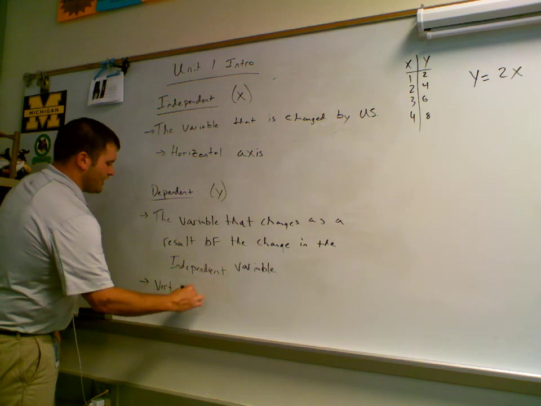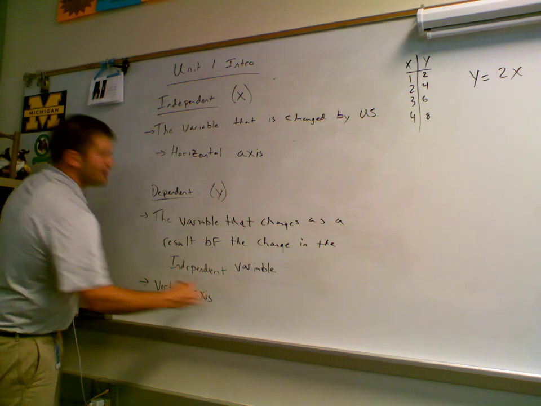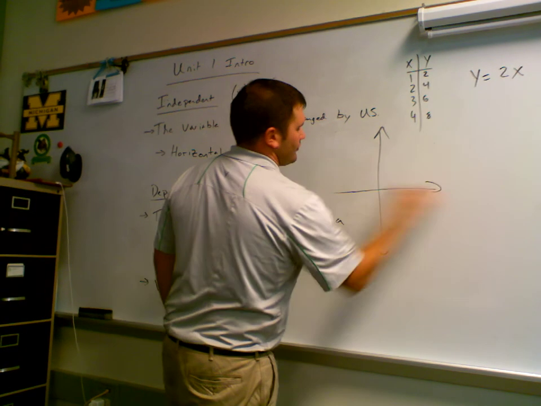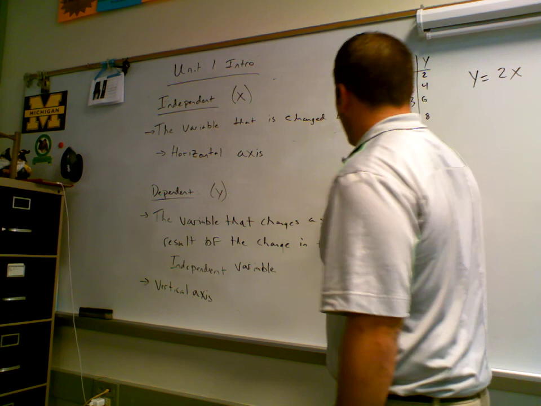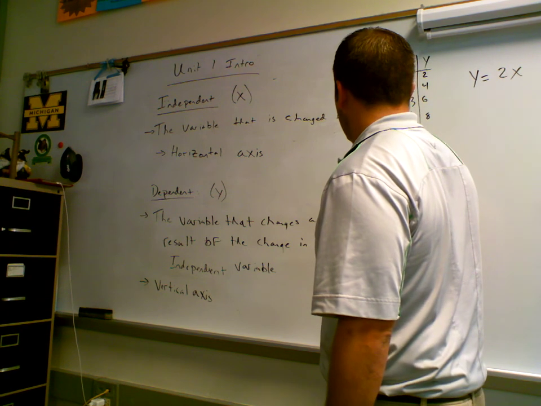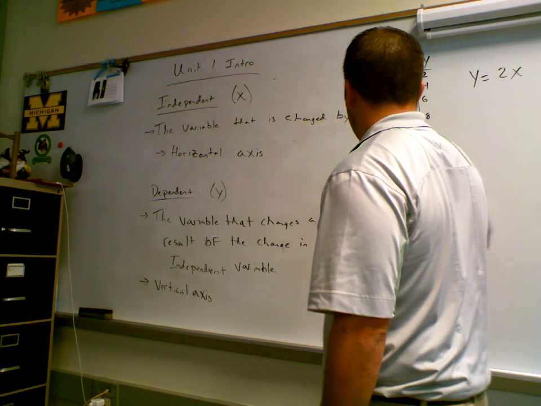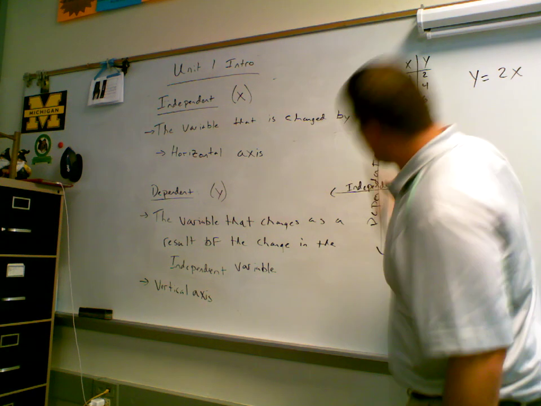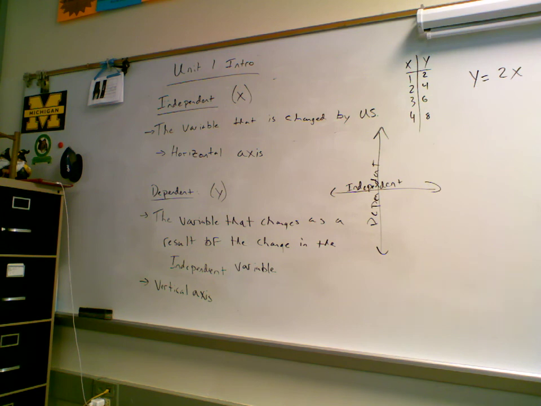It's always the vertical axis. So if I were to make a graph, this right here is my independent axis, and this is my dependent axis.